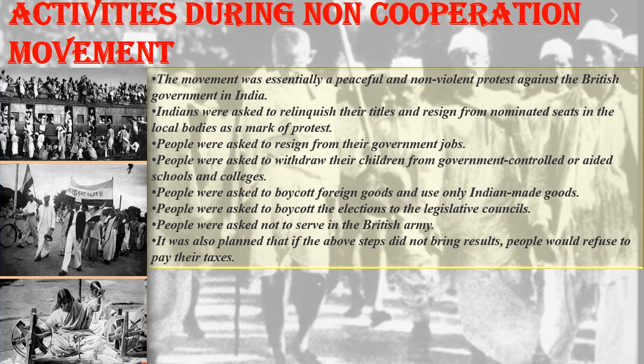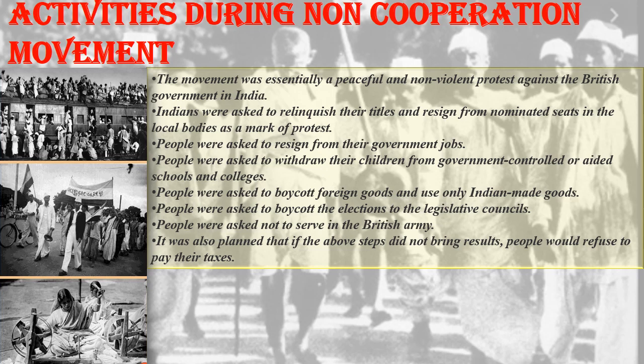Many eminent Indian personalities such as Rabindranath Tagore renounced their titles and awards. People started spinning clothes using the charkha. When the Prince of Wales visited India in 1921, people boycotted his visit. The Jamia Millia Islamia was established as a national university, and people contributed generously to finance the movement.